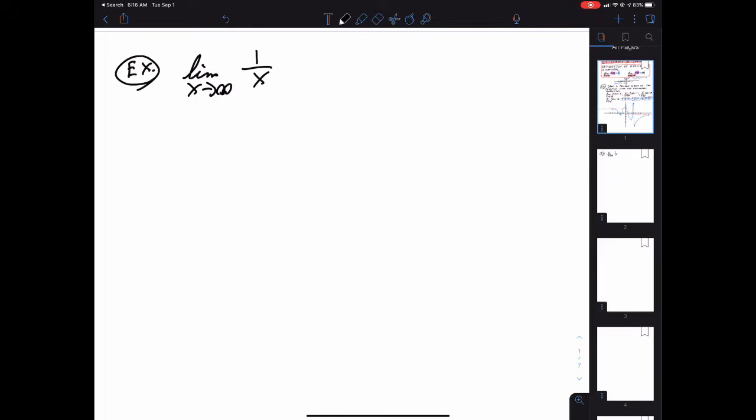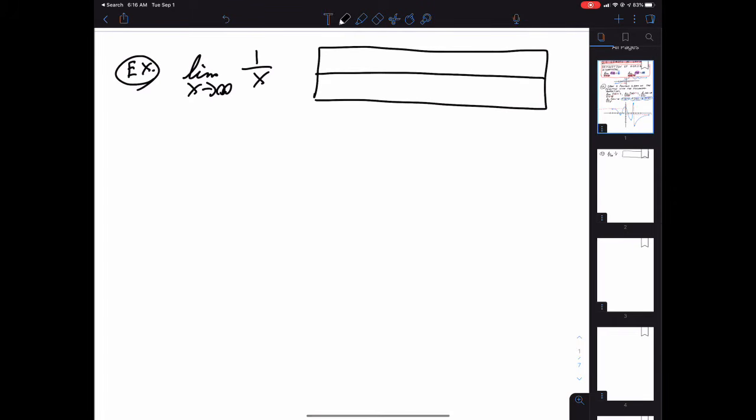So let's do this. Make a data table. We'll start at 10, and x gets larger and larger. Uh-oh, I'm going to run out of room here.